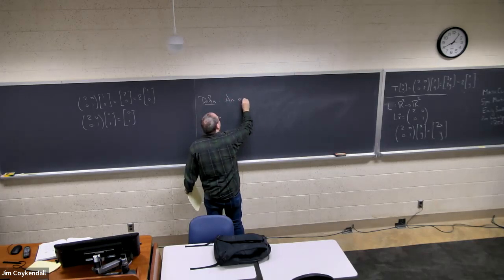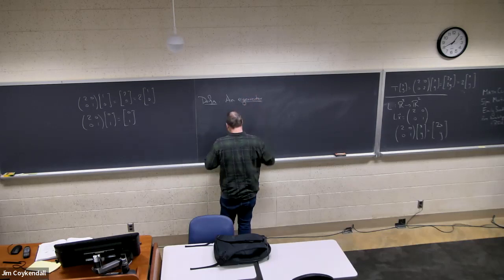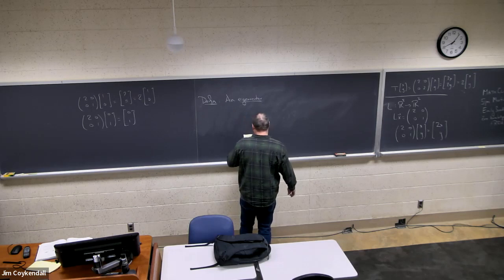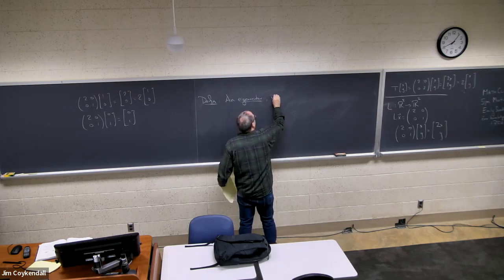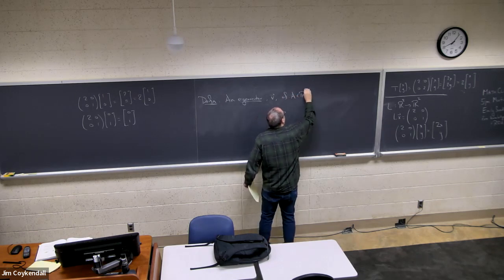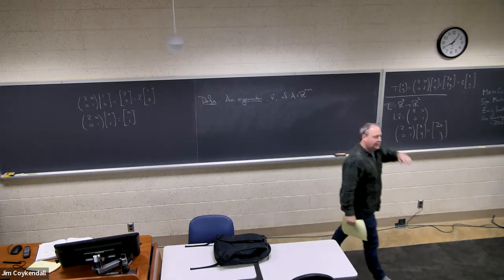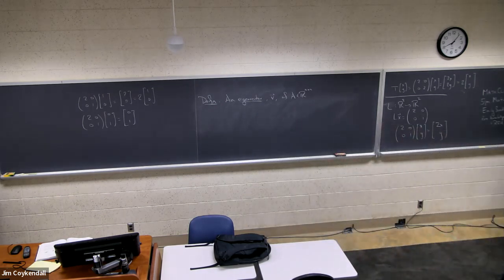An eigenvector of a matrix A, but this can be anything, by the way. Let me point out, when I'm talking about eigenvectors and eigenvalues, I am talking about square matrices.